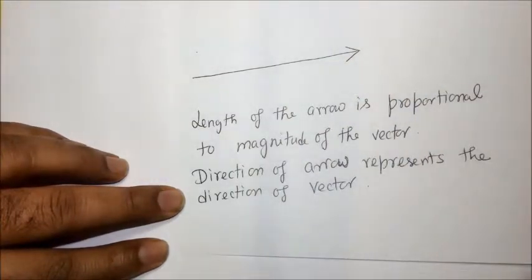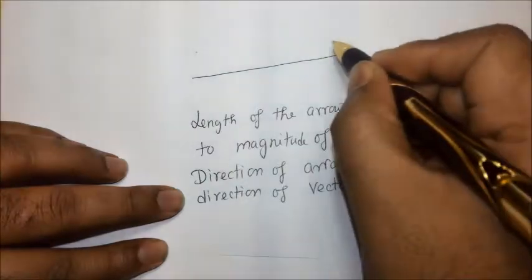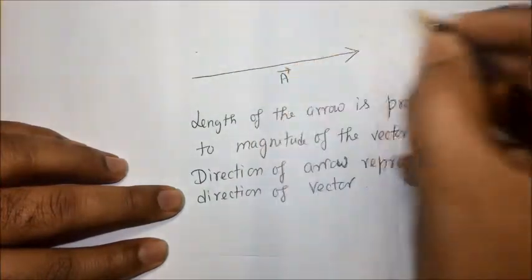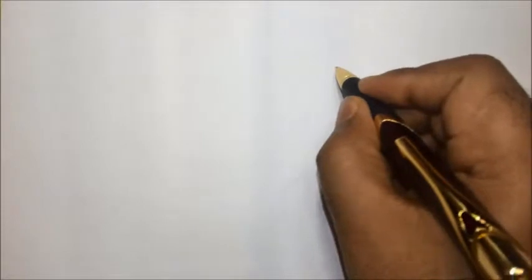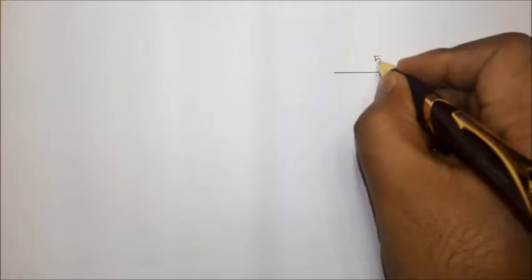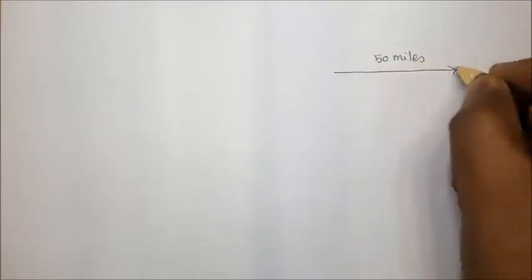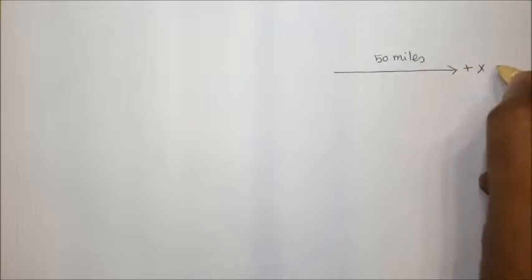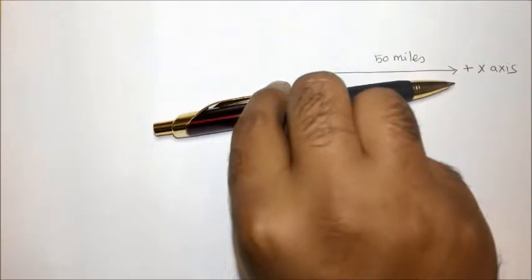So if you have a vector A, that can be represented by an arrow. You can write vector A. Let's take an example. Suppose someone drives 50 miles along plus x-axis, or along horizontal, and you can say that this horizontal is going along plus x-axis.